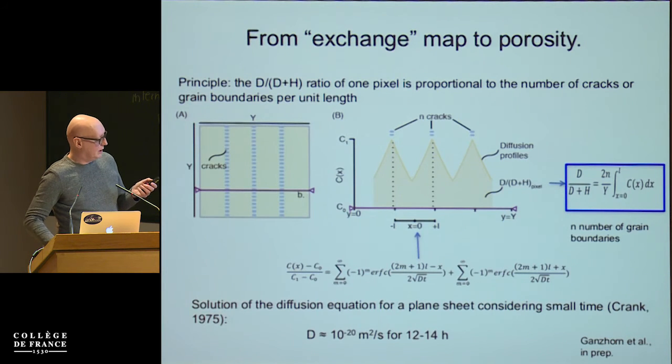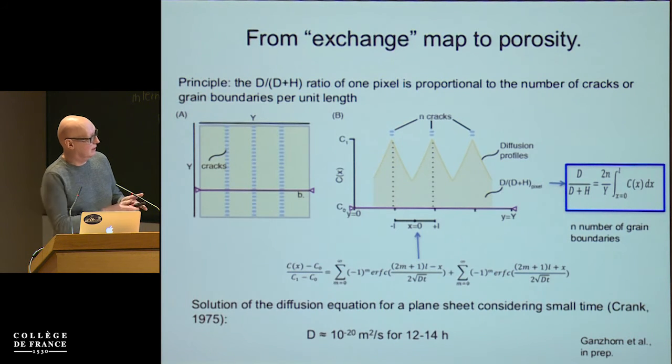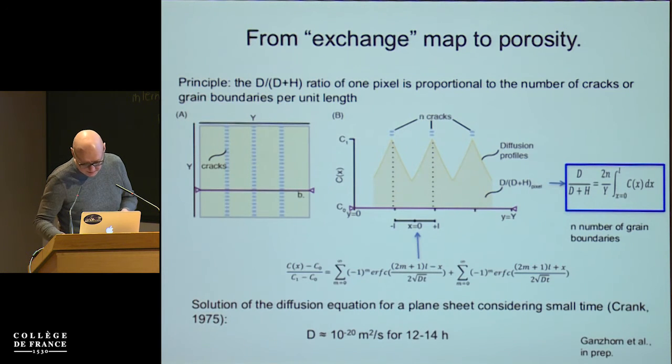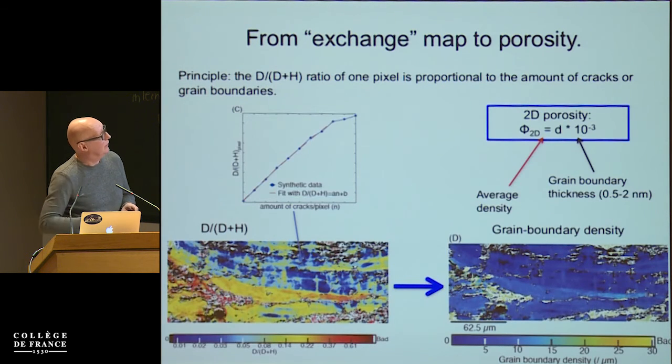We can use our knowledge of the diffusion coefficient and time of the experiment to model this exchange, and we get a relationship between the D over H ratio and the number of grain boundaries within 1 pixel, or the number of cracks within 1 pixel. And then we can go to the porosity if we make an assumption on the thickness of the grain boundaries.